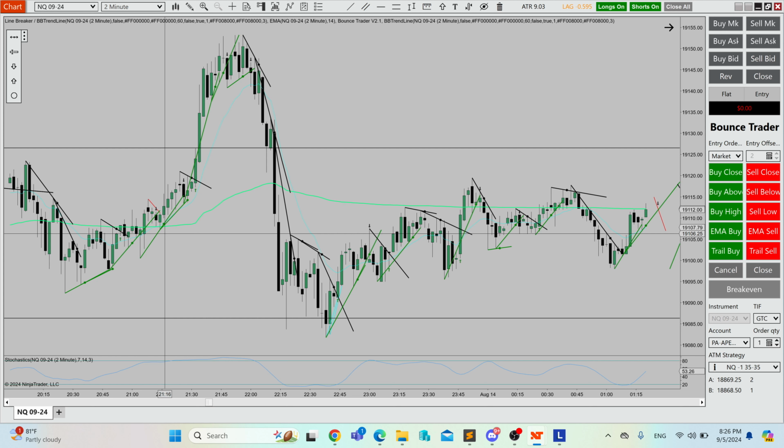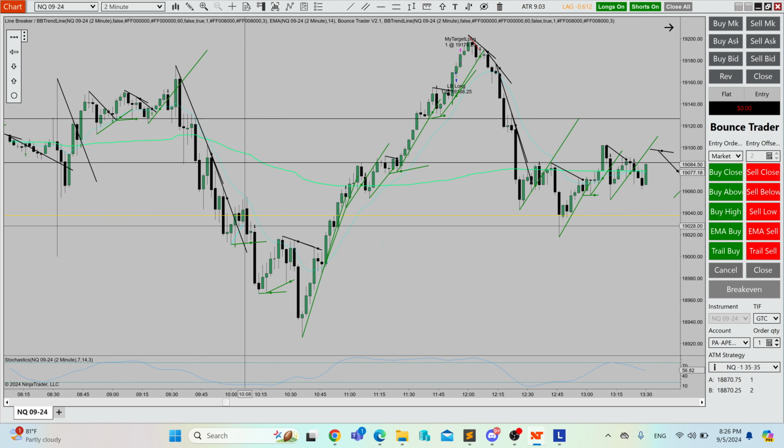Right here we would enter a trade, maybe below this bar, and that would be our scalp, because these are very accurate setups that you would want to utilize. Since not many of them occur in a day, you may want to take at least one contract, maybe even two.